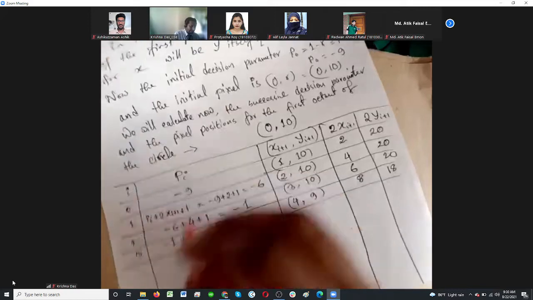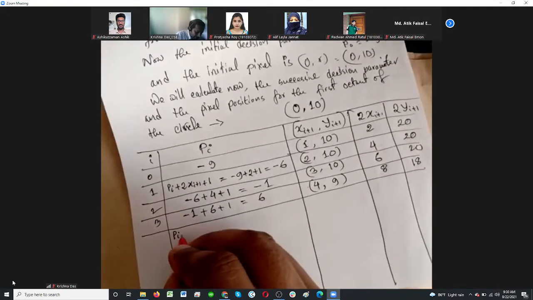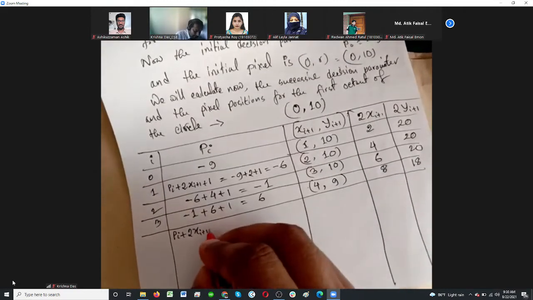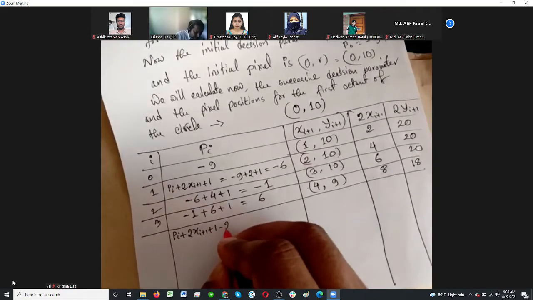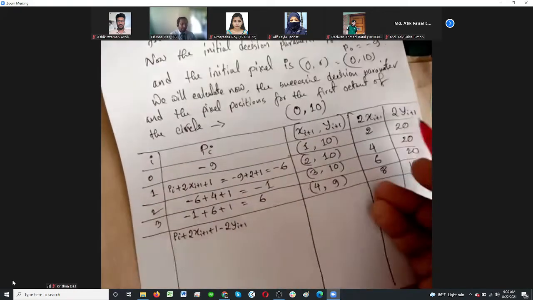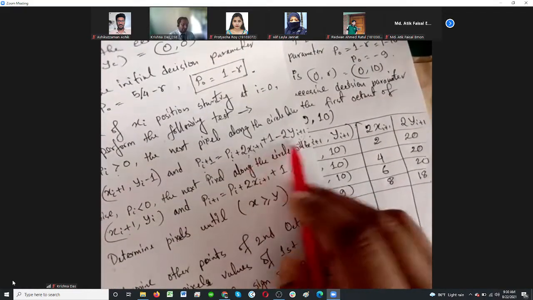We have already said that it should be p of i, then twice the value of xi plus 1, and then plus 1 minus twice yi plus 1. So the twice value of y has to be deducted, as you can see in the formula.